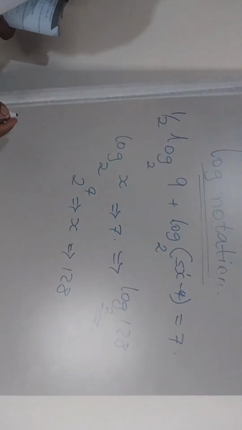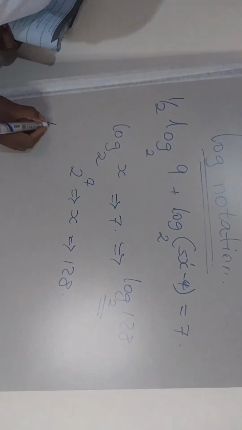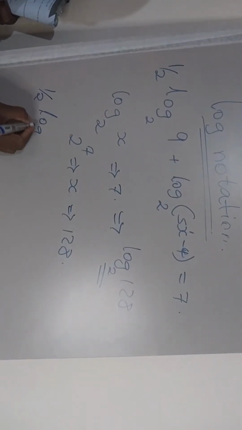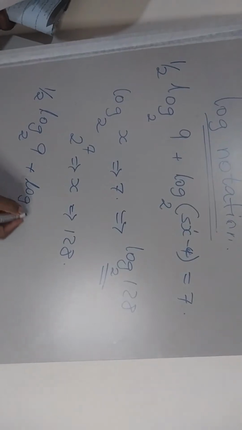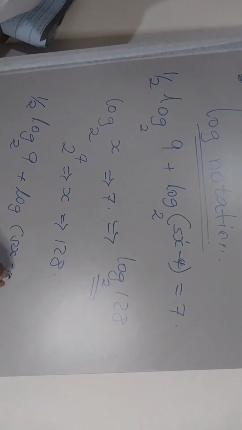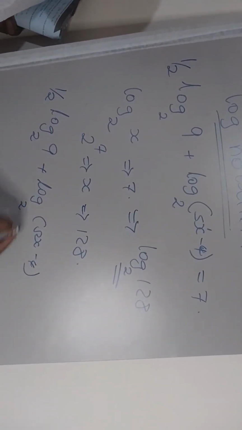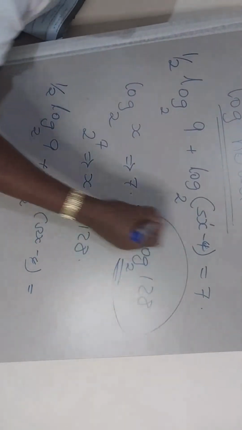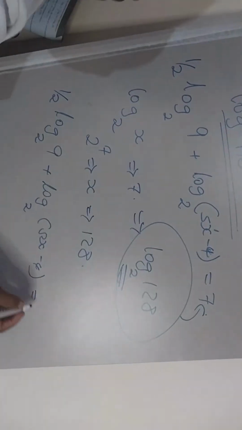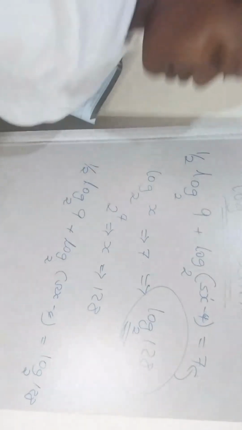Replace that on the sum. I have log 9 to base 2 plus log 5x minus 4 to base 2 is equals to, now this one, replace the 7 with this. Now it will be log 128 to the base 2.